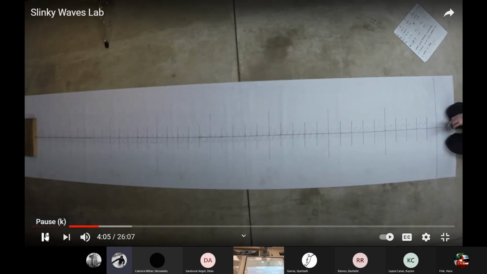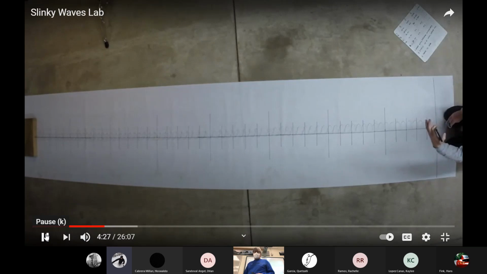So I'm going to have you start a timer. So you need a stopwatch. You can use your phone, would be great. I'm going to count down. I'm going to say 3, 2, 1, and then go. When I say go, I'll start the wave moving, and then you stop your timer when it hits my hand, when it bounces back to my hand. But first predict, which do you think is going to take longer?